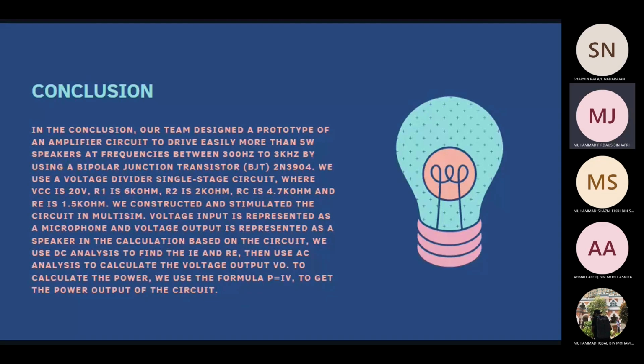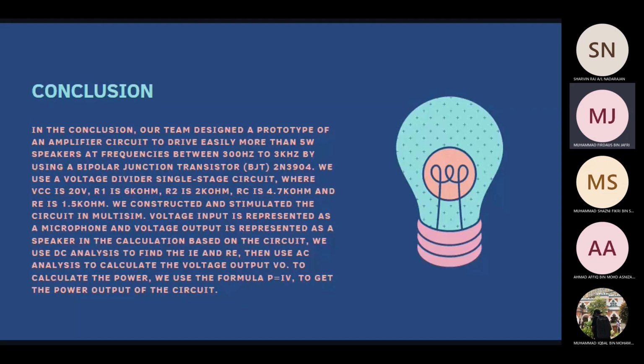We use a voltage divider single stage circuit where VCC is 20 volt, R1 is 60 kilo ohm, R2 is 20 kilo ohm, RC is 4.7 kilo ohm, and RE is 1.5 kilo ohm. We construct and simulate the circuit in Multisim.